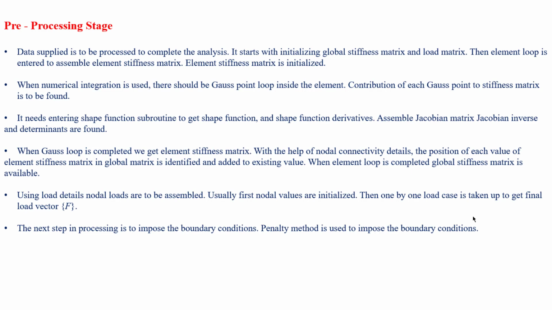So now, using whatever loading data we have given and whatever nodal values we have initialized, it will take that into account and solve for the boundary conditions. Okay, so these boundary conditions will be solved with respect to the penalty method.